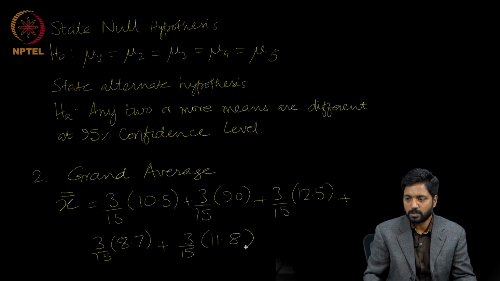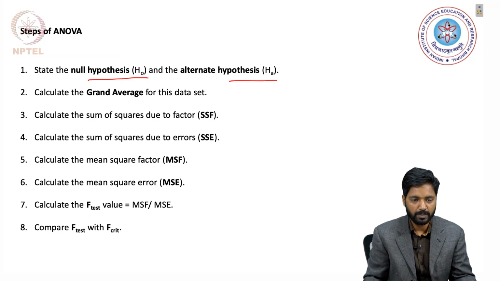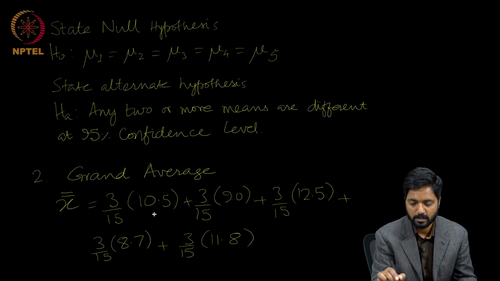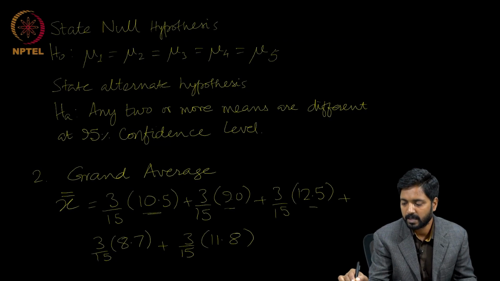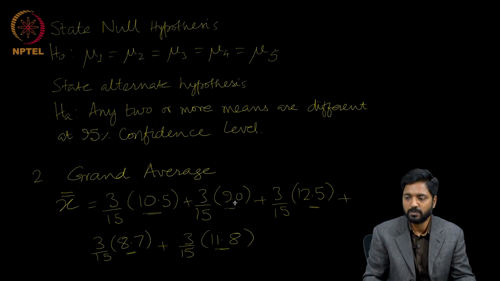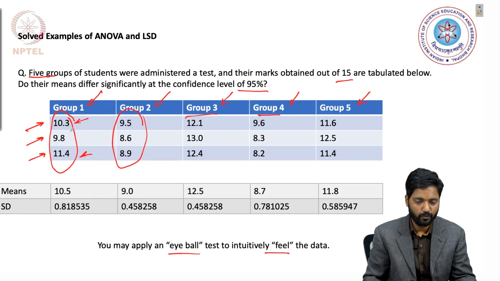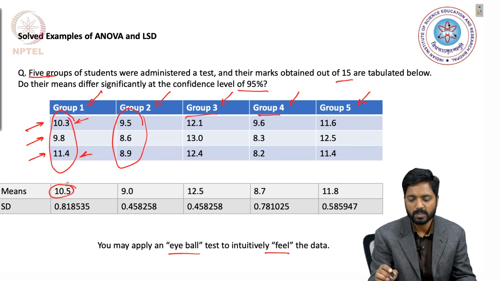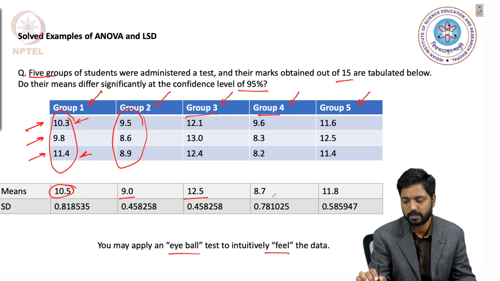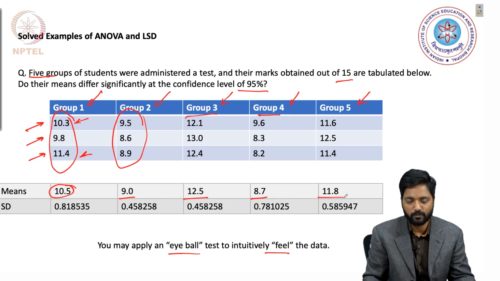So let me also tell you that the numbers shown here are actually the means of individual groups, and I have tabulated them here. So for group 1 the mean is 10.5. Similarly, for group 2 it is 9.0, 12.5 for group 3, 8.7 for group 4 and 11.8 for group 5.